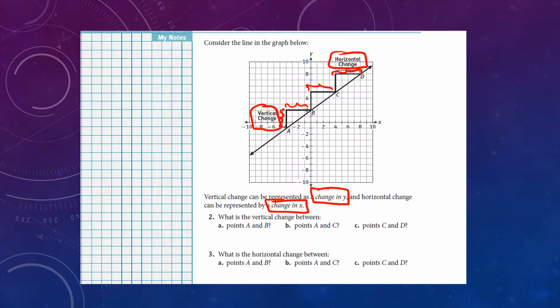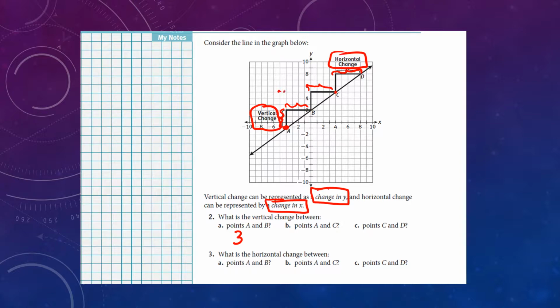So what is the vertical change between points A and B? How much is that changing? It's going up 1, 2, 3. So the vertical change is 3. Between points A and C, it goes all the way from here up to here, which would be this high if I went parallel with C there.